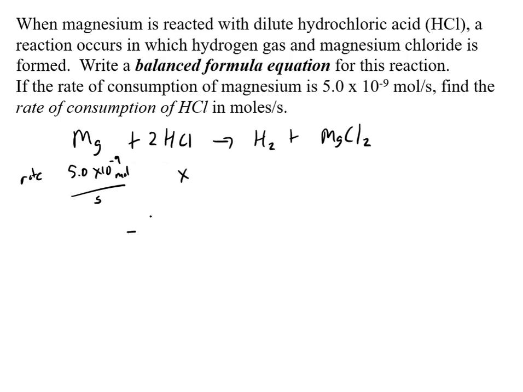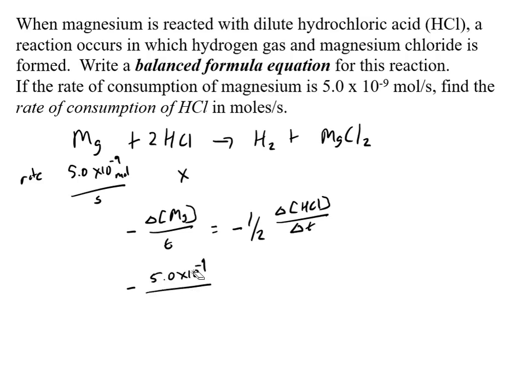It's going to be the negative change in concentration of magnesium per unit time is equal to negative 1/2 the change in HCl over the change in time. So I have negative 5.0 times 10 to the minus 9, it's already moles per time, equal to negative 1/2 of the change in HCl per change in time.